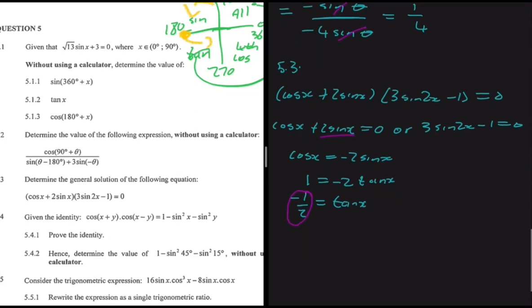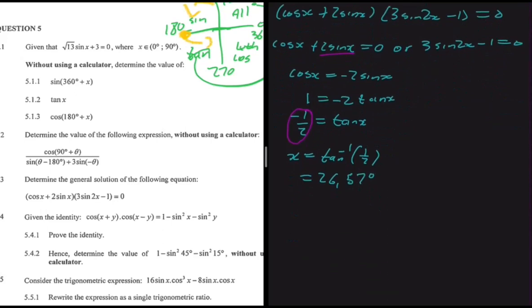Now we're gonna say x is equal to tan arc of 1 divided by 2, without the negative sign. If we do that, we're gonna get 26.57 degrees.